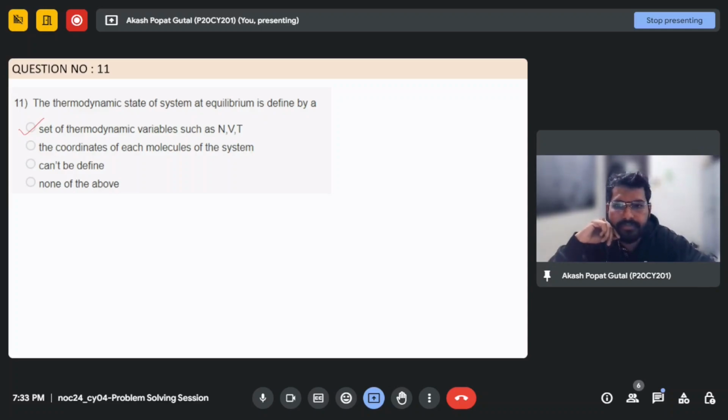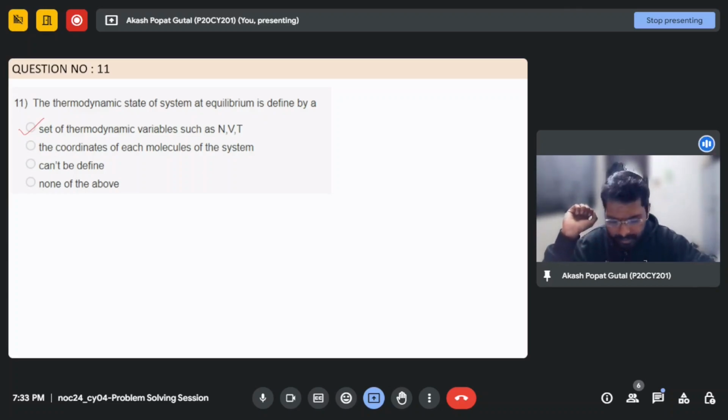Can we exactly find out the exact coordinate of a molecule? If the molecule is in motion and producing kinetic energy, then we cannot exactly define the coordinate of that molecule.